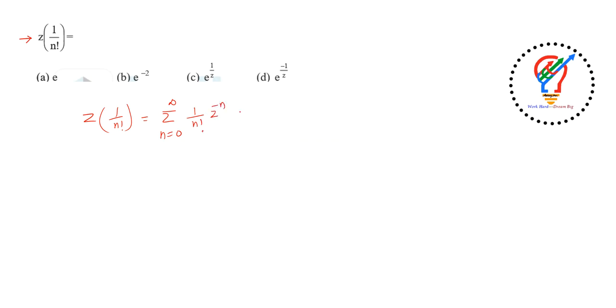Substitute the value of n is equal to 0, 1 by 0 factorial into z power minus 0 plus 1 by 1 factorial into z power minus 1 plus 1 by 2 factorial into z power minus 2 and so on. If we simplify further, this value will be 1 plus z power minus 1 plus z power minus 2 by 2 factorial and so on like this.